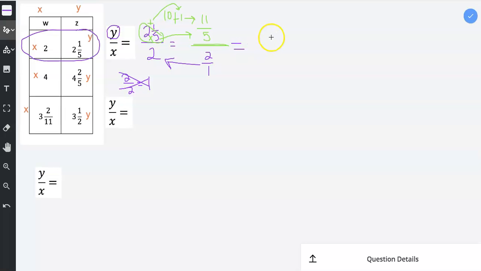Alright, the next mistake I'm seeing students make is they're not putting the numerator first. Make sure you write the numerator first. The 11/5 is the numerator, and then you write the denominator second. So we're changing this fraction bar to a division symbol. Put the numerator value first, and then you write the denominator value second.